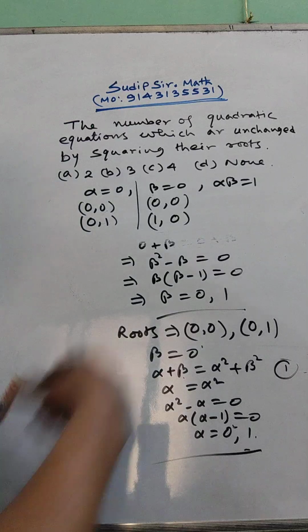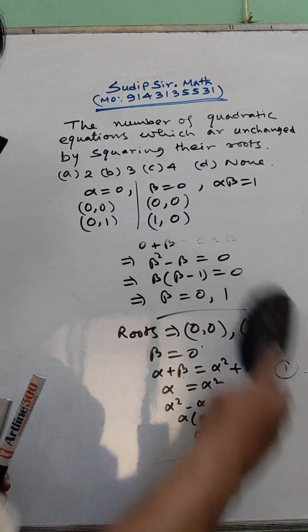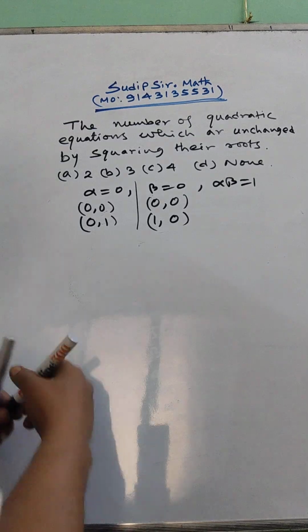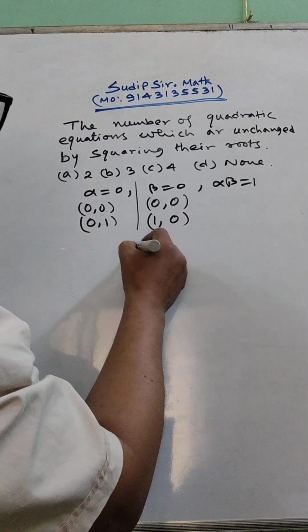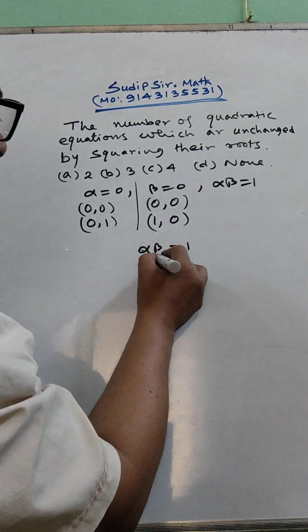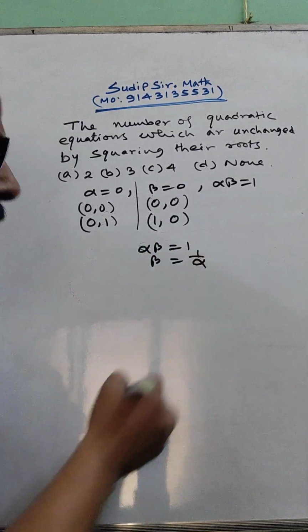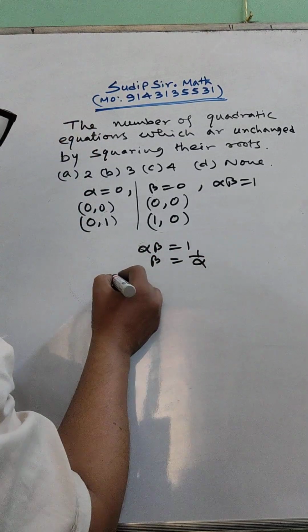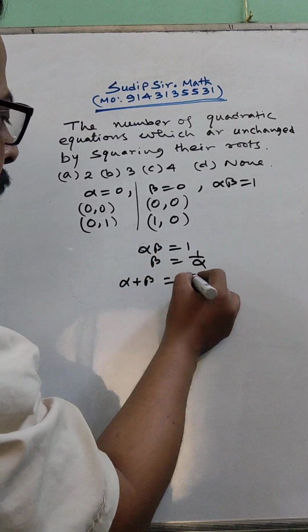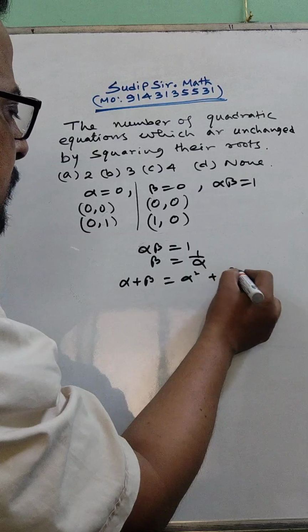Okay. Now the third condition is alpha beta equal to 1. So beta equal to 1 by alpha. Say again from 1, alpha plus beta equal to alpha square plus beta square.